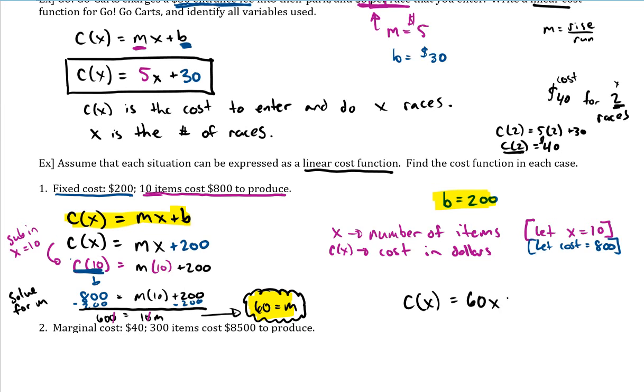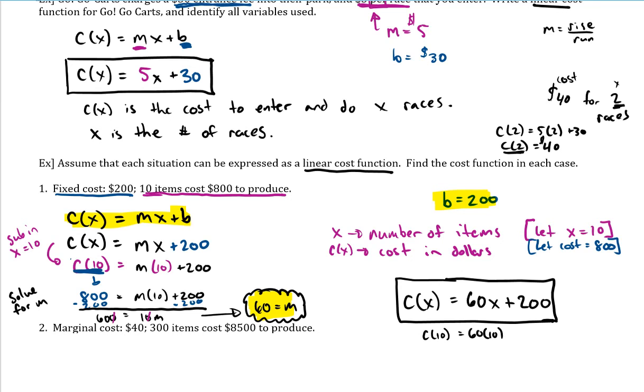So 60x, and then plus the 200 for b. And that is our cost function. Okay, and we could verify it. They said it costs $800 for 10 items. So if I plug in 10 real quick into this, notice 60 times 10 is 600.